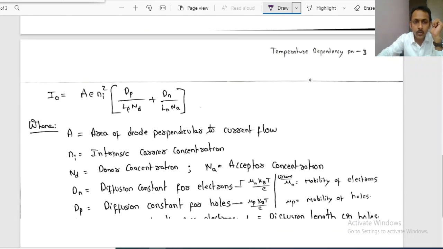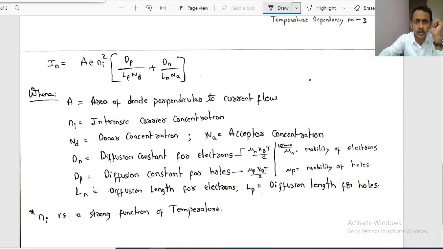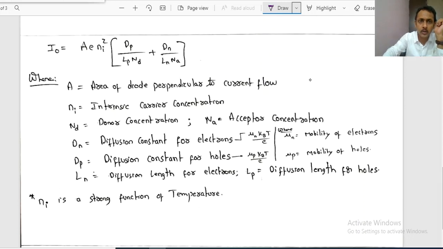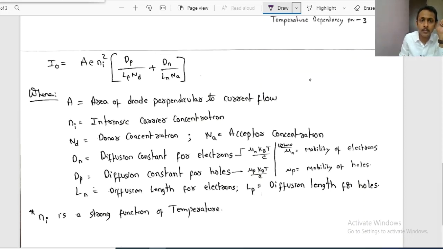Now this I naught is also given by this equation. I naught is given by A e ni square bracket of Dp by Lp Nd plus Dn by Ln Na. How do you understand this equation? What are the different variables present in this equation?